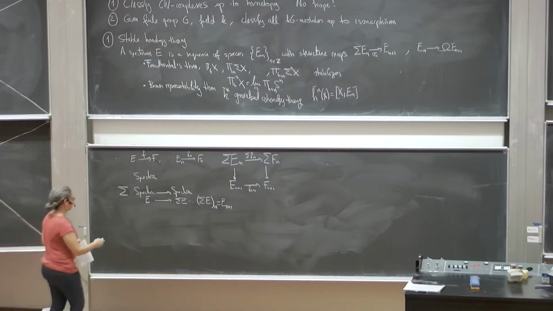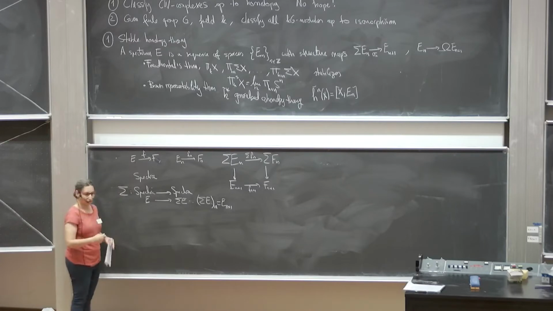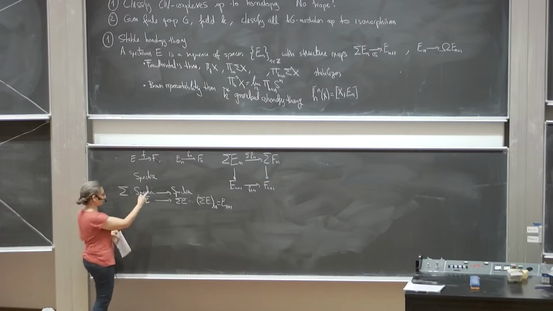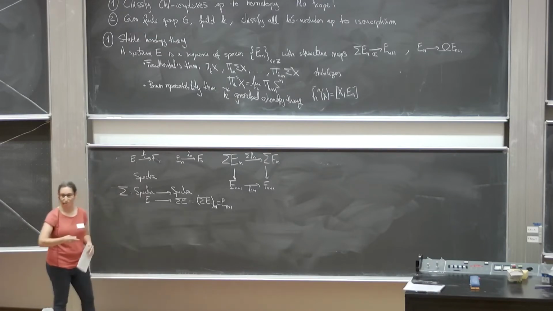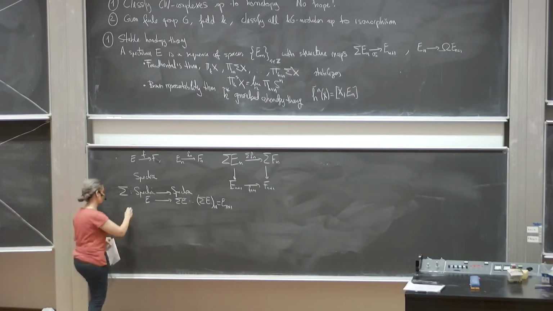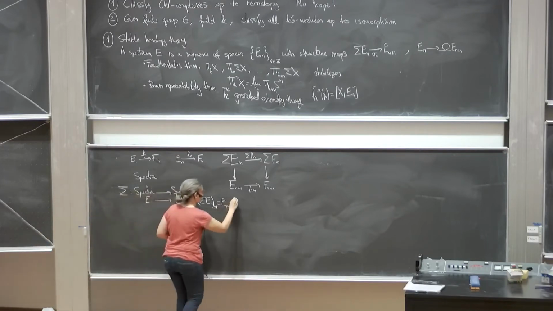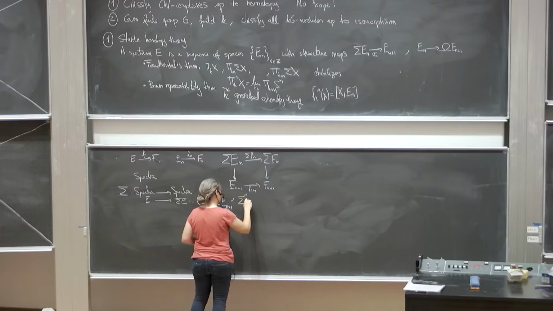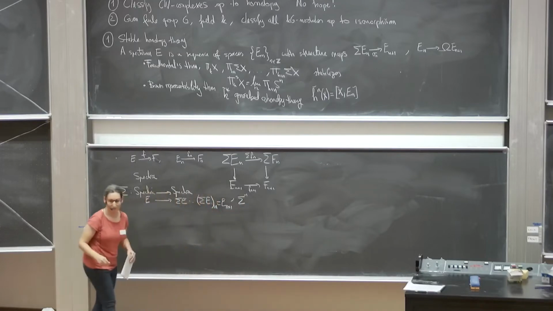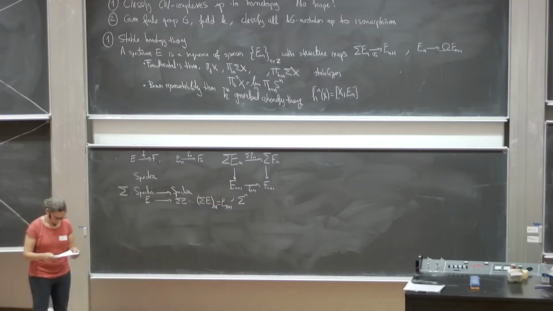And this is sometimes called the shift functor or the suspension functor, and this gives you an endofunctor of the category, which is an equivalence. So there is also sigma to the minus 1. So you can shift.